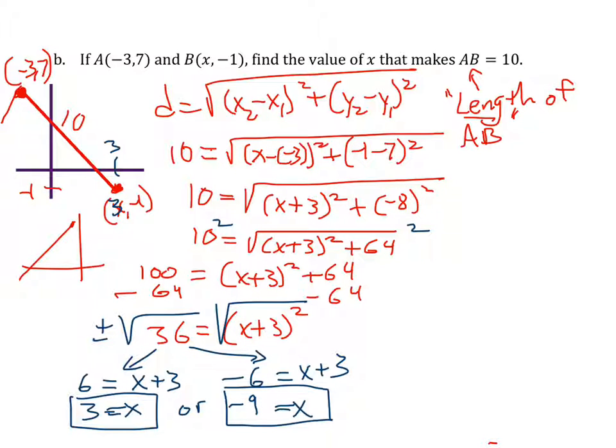There's another point over here that would be 10 units away, and that would be the point negative 9, negative 1. Okay, so there's 2 points, the one that I've got drawn up here and the one over here. They would both be 10 units away from this negative 3, 7, all right? So two answers, we found them, there they are. X could be negative 9, sorry, or x could be 3.